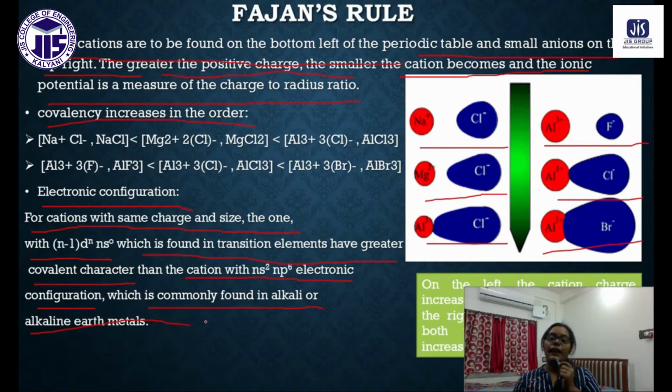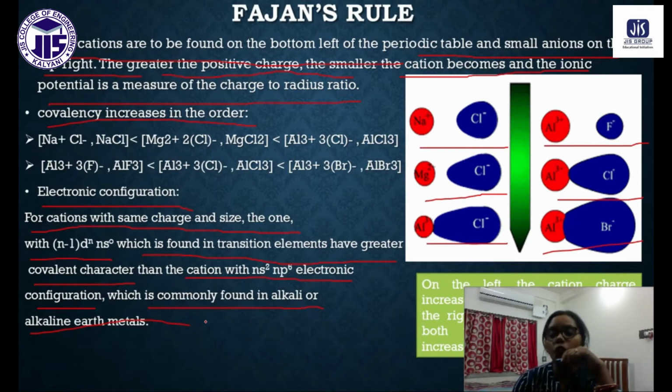If the cation has the inert gas configuration, the distortion will be very low. If the cation has a pseudo inert shell, the distortion will be high and the covalent character will be high. So the covalent character of the bond also depends on the electronic configuration of the cation.